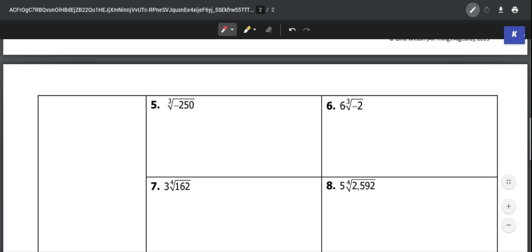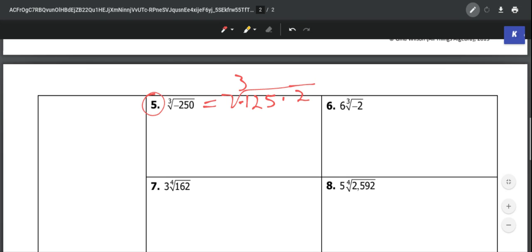All right. So now if we're looking at 5, it makes no difference when we have a cube root if what's under this radical is negative, because we can simply rewrite this as the cube root of 125 times, let's say we'll make that negative, and we'll multiply that by 2.